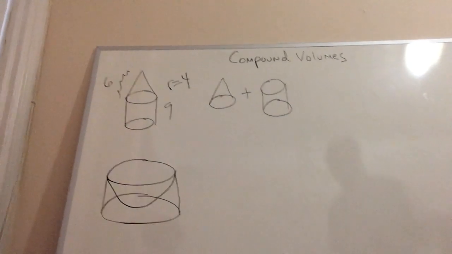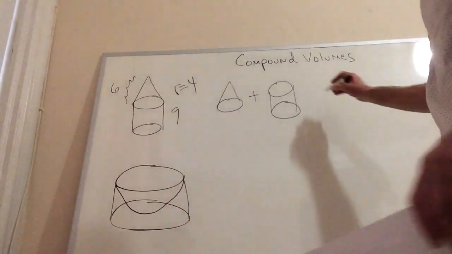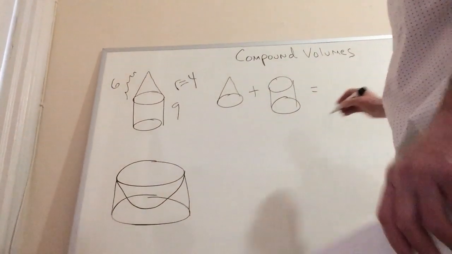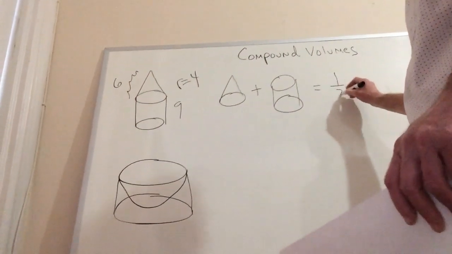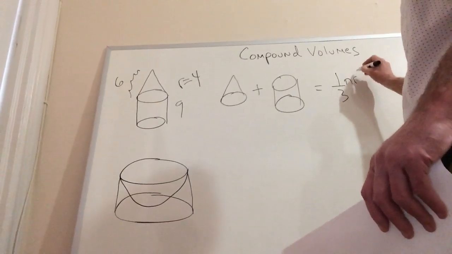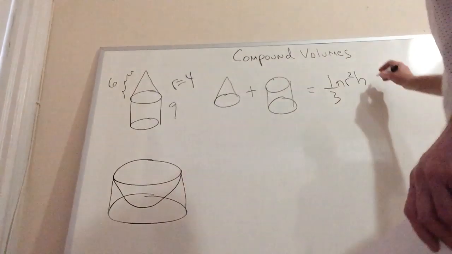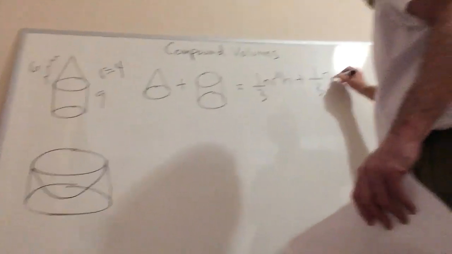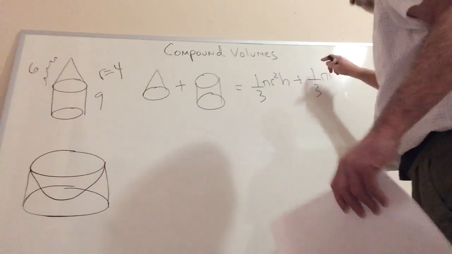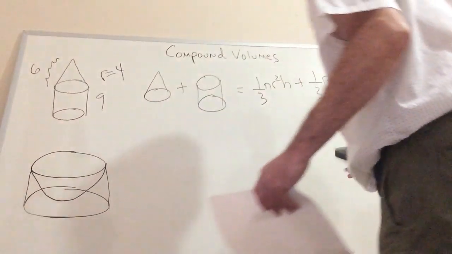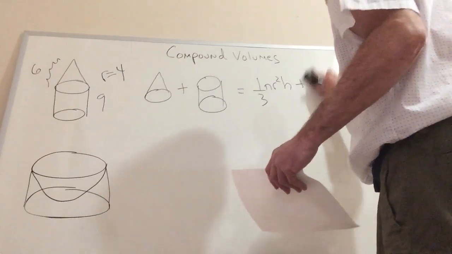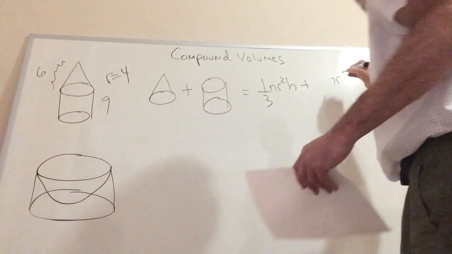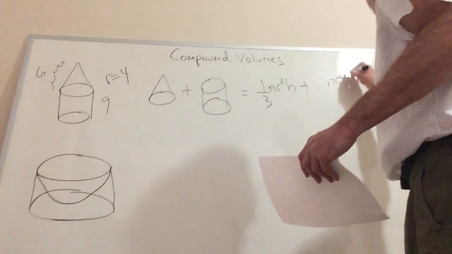Now I use the data that I was given, and the cone is 1/3 pi r squared h plus pi r squared h, because it's a cylinder, r squared h.